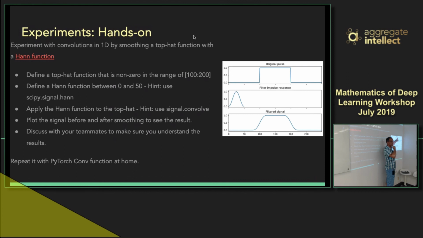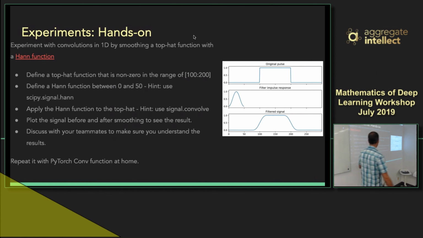So that's the answer to the normalization concern. It just changes the edges. So here you have sharp edges, right? You convolve it by this. It tapers off the edges, and it smooths the edges for you. Okay? And so you will do it hands-on. You'll see how it works.